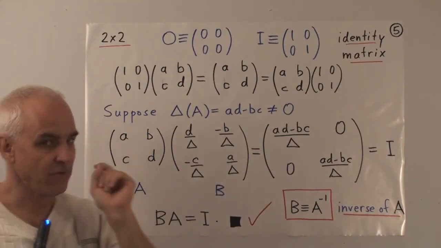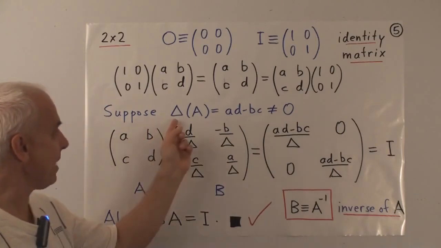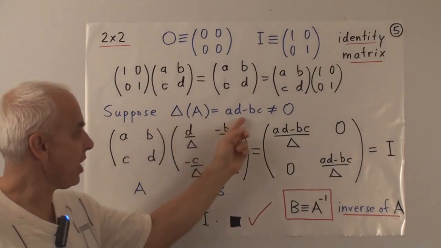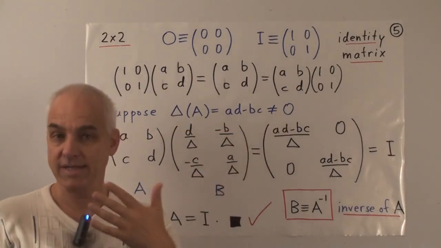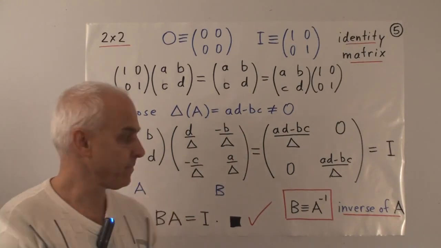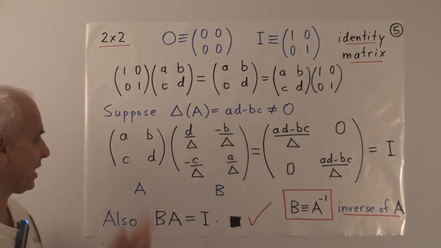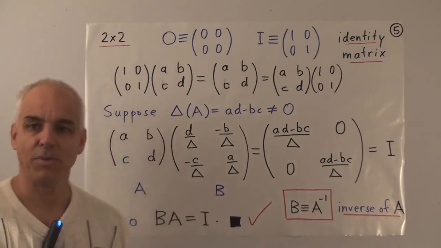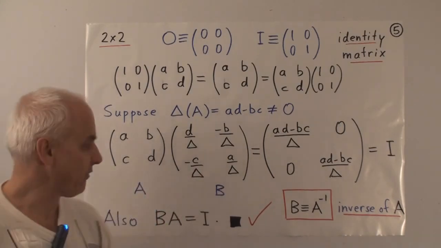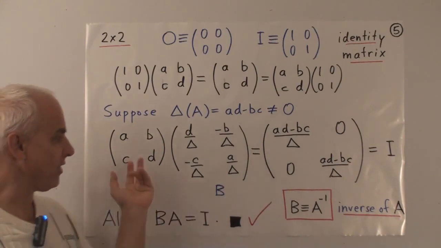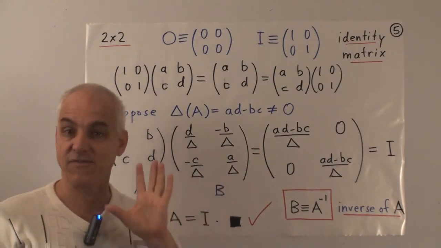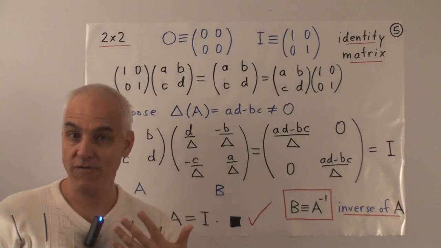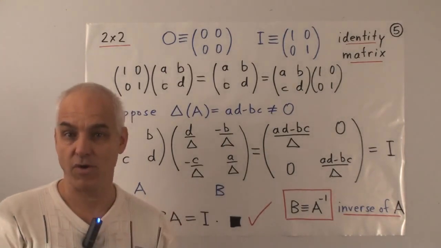Alright, so what does the inverse law say? It says that if the matrix A has a determinant which is non-zero, then there is an inverse matrix. And what is that inverse matrix? Well, here it is right here. There's the matrix A, and this is the matrix that's going to be the inverse. Have we seen this before? Yes, we have. We already obtained this when we looked at the fundamental problem of inverting a change of coordinates.